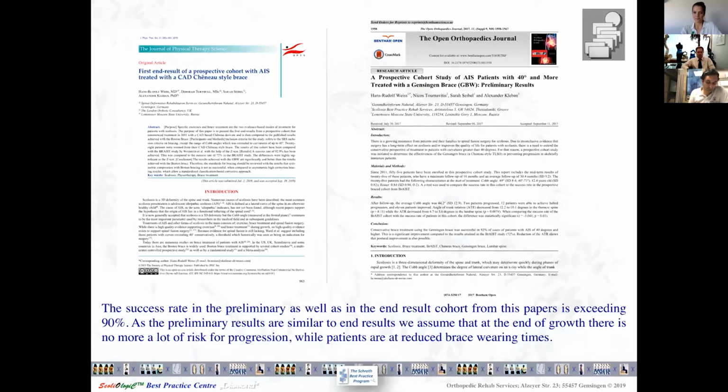It's not so big a difference, and the rate of success is about 90%. We studied one group with SRS criteria with 25 to 40 degrees, and another group of patients with more than 40 degrees, and preliminary results and end results were comparable.